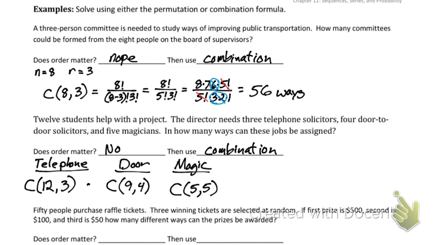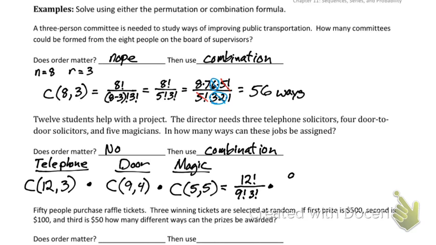Now all we have to do is multiply what we get from those together. So it's going to look something like this. So 12, choose 3. We're going to have 12 factorial on top. We're going to have 12 minus 3, which is going to be 9 factorial, times the r value, which would be 3 factorial, times our next combination. Our next combination was the 9, 4.